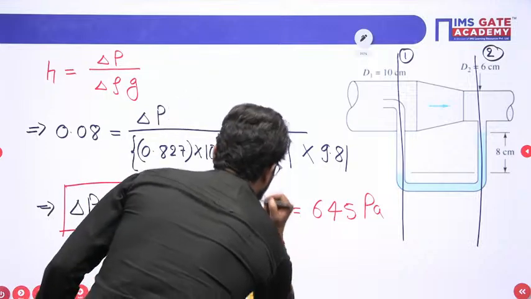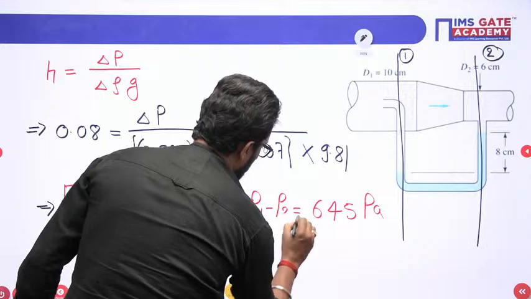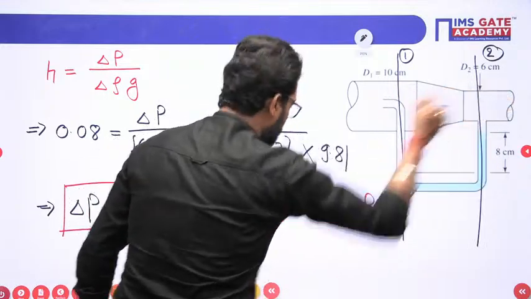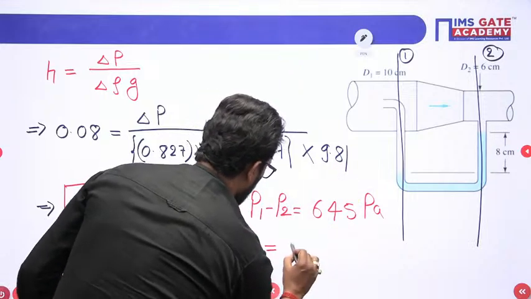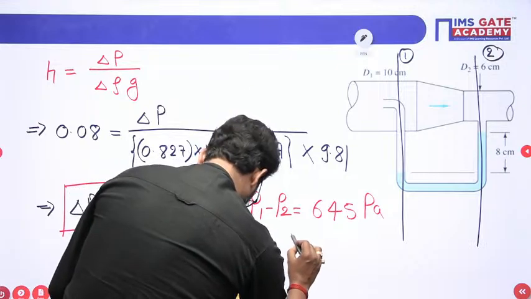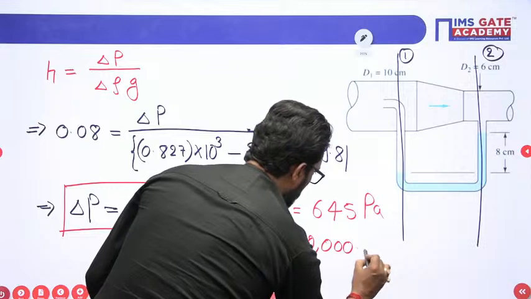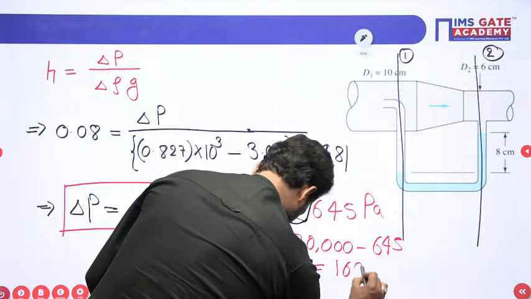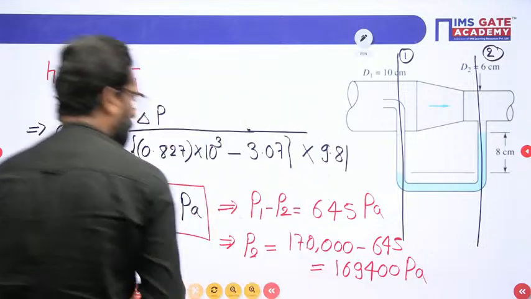So better to write P1 minus P2, because P1 is higher, P2 is lower. So the P2 value: P1 is 170,373 minus 645. If you calculate, this value is 169,400 Pascal. This is your P2 pressure.